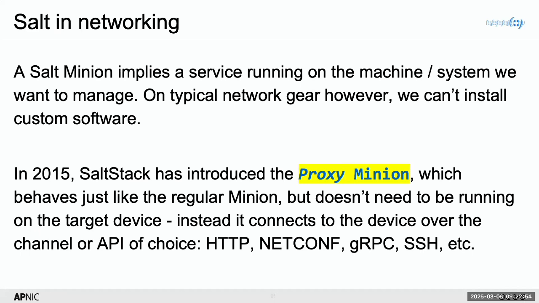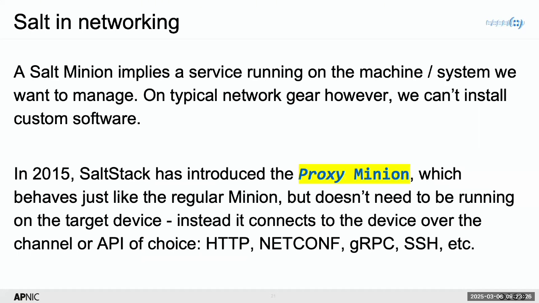As we said earlier, in the case of Salt, we have master and minion. A Salt minion is a service running on a machine or system we want to manage. This could be your network device, or it could be any server as well. If you cannot install the Salt minion on a device, then you can use the proxy minion, because there are devices, especially network devices, where you cannot install the agent.